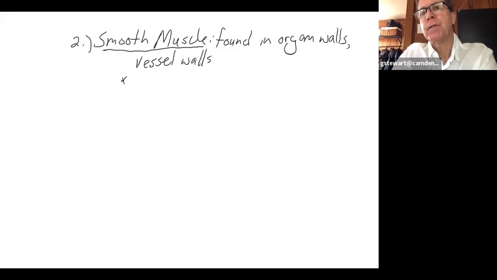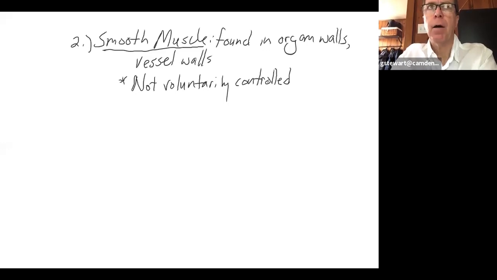This type of muscle is not voluntarily controlled. We don't have conscious control over this muscle. So I can't think to myself in my head, oh, I want my stomach to start churning and digesting, or I want my vessels to constrict or dilate. That's involuntarily controlled. The cells are not striated.